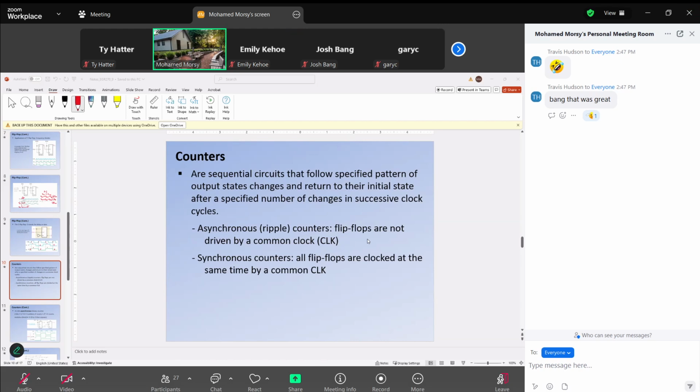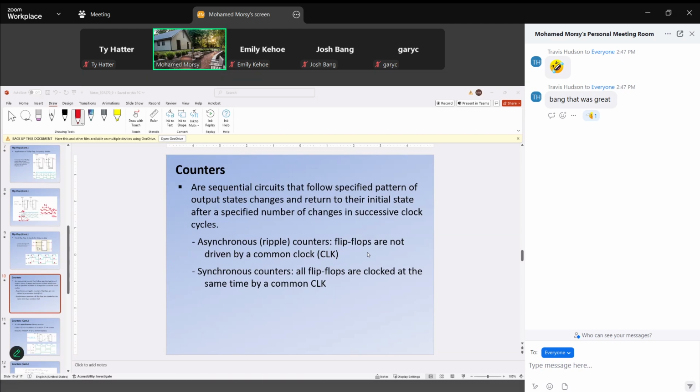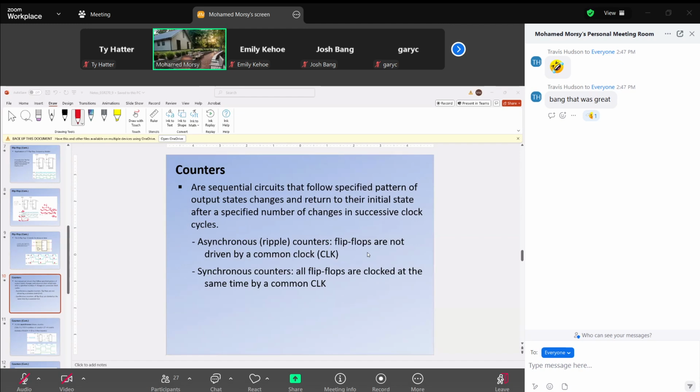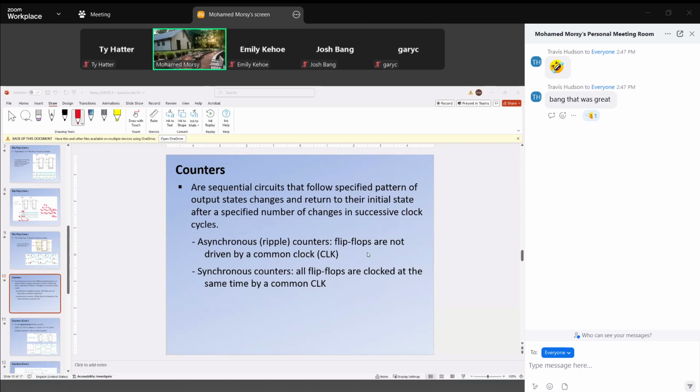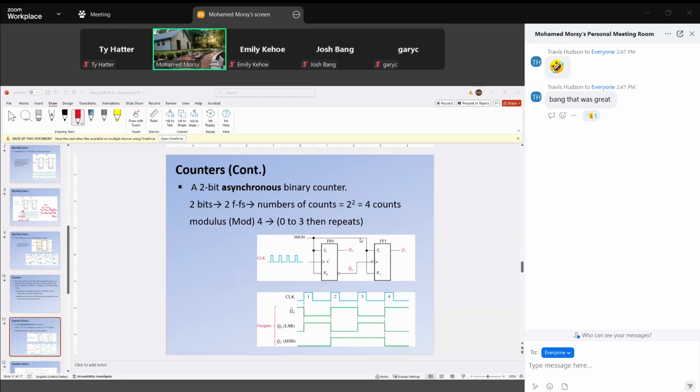In asynchronous counters, flip-flops are not driven by a common clock, which means the clock pulse is not applied to all flip-flops simultaneously. We'll see how. But for synchronous counters, all flip-flops are connected to the clock pulse at the same time. We'll see how.